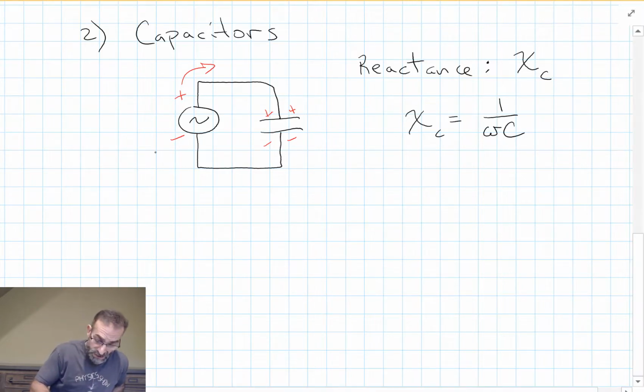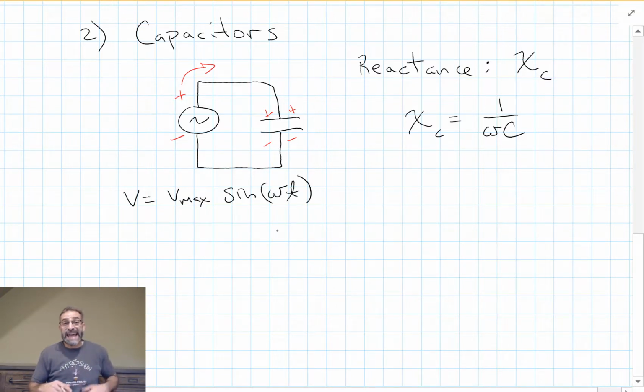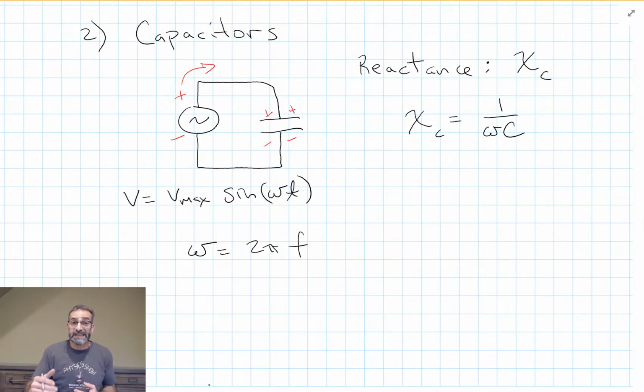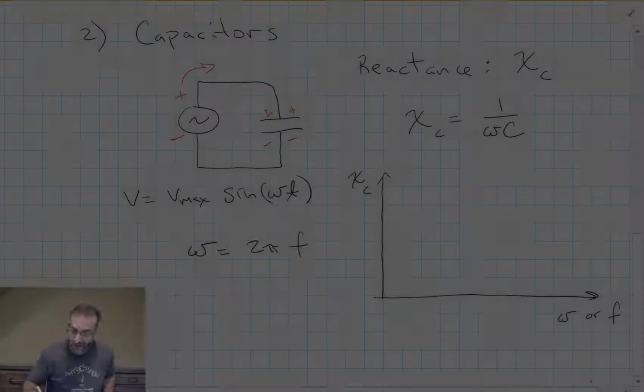Remember that the voltage here is V max times the sine of omega t. So omega is our angular frequency of oscillation. And how do we convert that to f, our frequency, or the number of times it flips per second, the number of cycles per second? Omega is equal to 2 pi radians per cycle times the frequency, which is cycles per second.